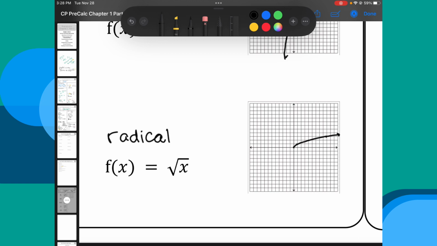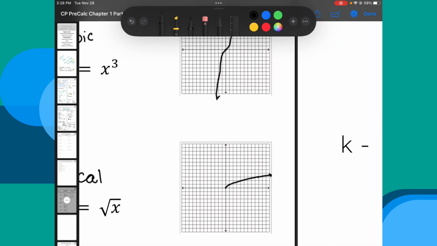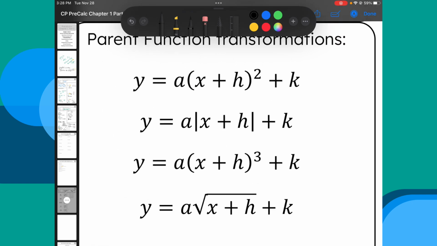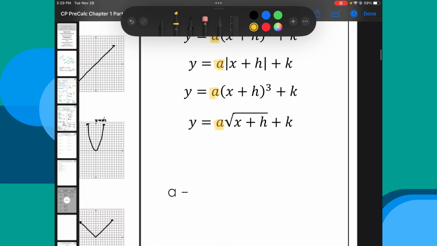Now, all of these graphs can be changed by transformations. There's a couple different ways to transform a function. One way is to multiply by a number in front of the entire function. When we do that, that either stretches or compresses our graph, making it taller or shorter, or it can reflect across the x-axis if that a is negative.